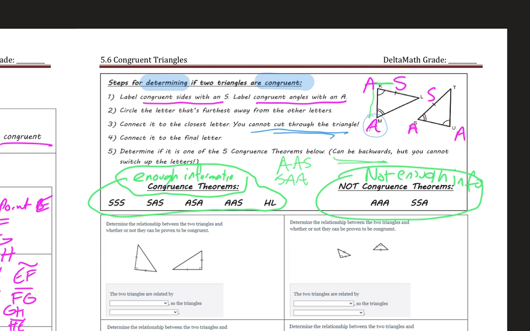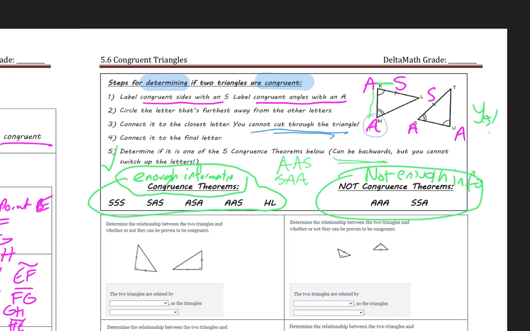So if it's one of these, it still may be congruent, but it's not enough information. This is enough information. So let's see, AAS. If we look over here, SSS, SAS, ASA, AAS. Yes, this one is this. So yes, this one is congruent. We would say yes on those.